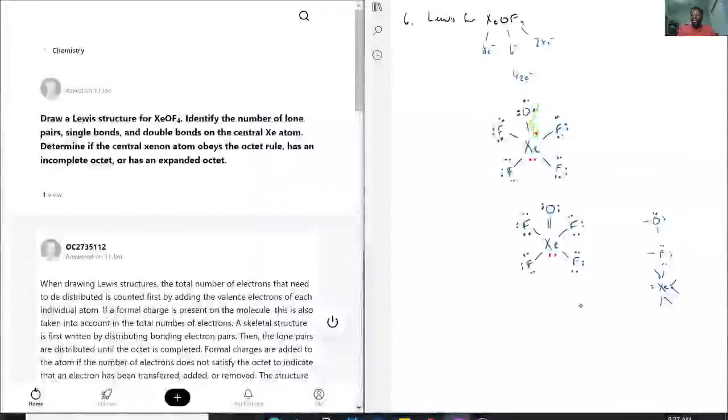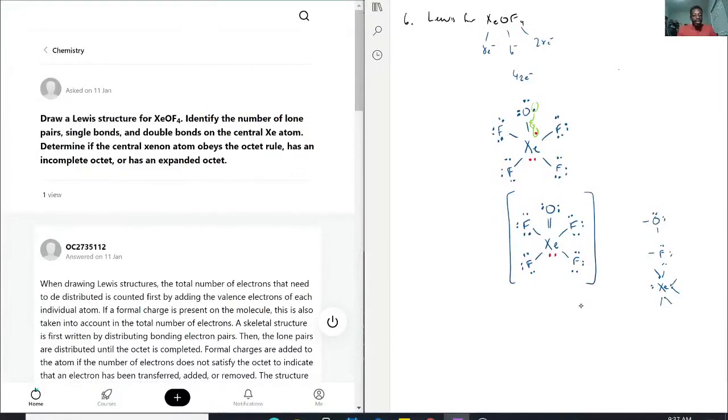Because the double bond counts as 2, that's 6 bonds and 1 lone pair, which is actually what it has here. So we can still argue this has a formal charge of 0 throughout. So this would indeed be the Lewis structure for xenon oxygen tetrafluoride. Okay?